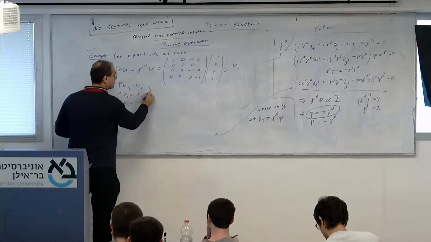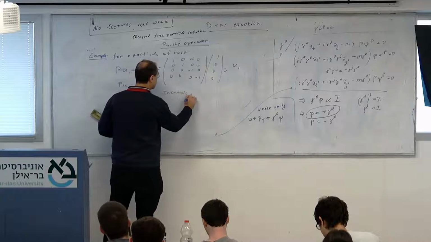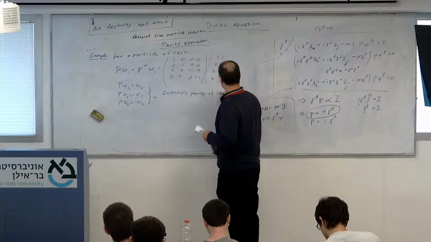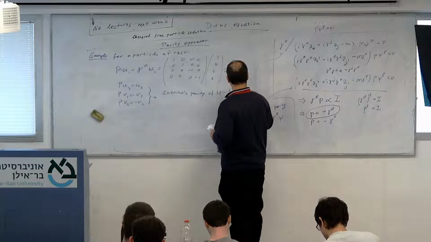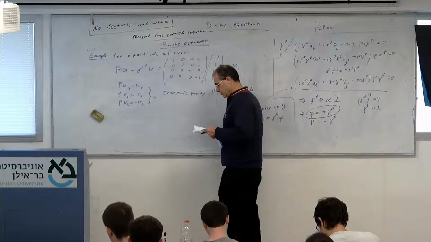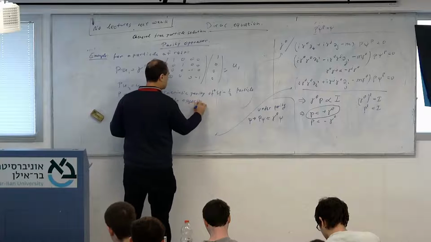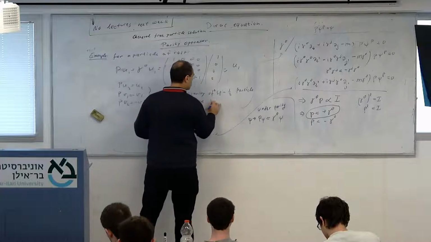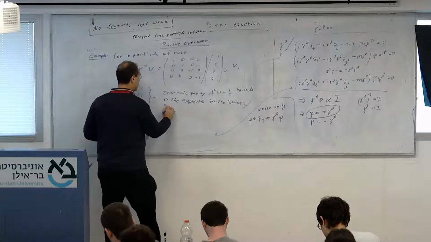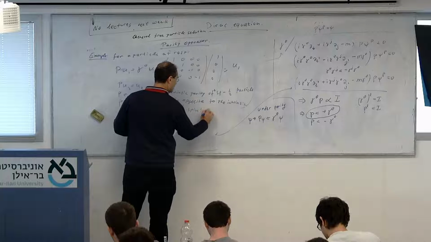So from here, the conclusion is that the intrinsic parity of a spin half particle is the opposite to the intrinsic parity of a spin half antiparticle.